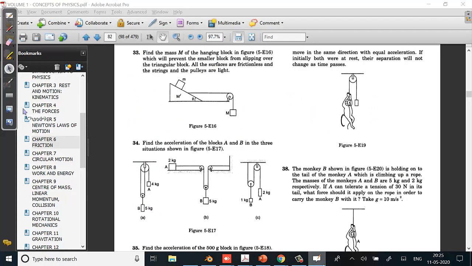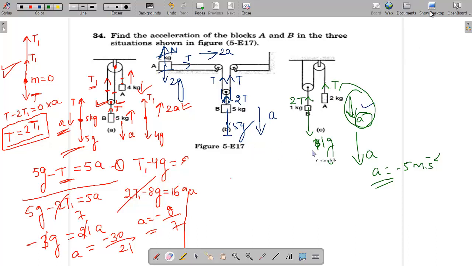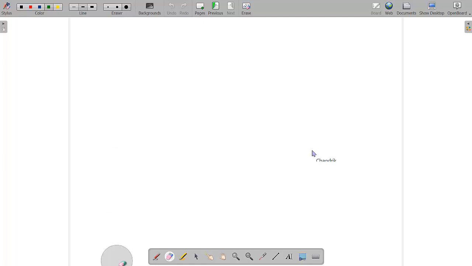Now I'll tell you something about this pseudo force. Yes, this is kind of a false force, but the thing is we have to use it a lot of times. See, actually, we learned that Newton's laws can be applied, no?